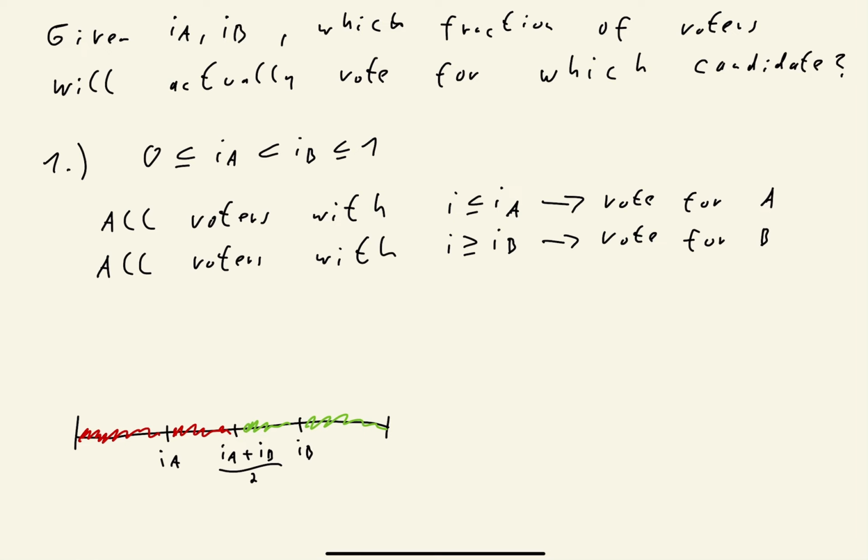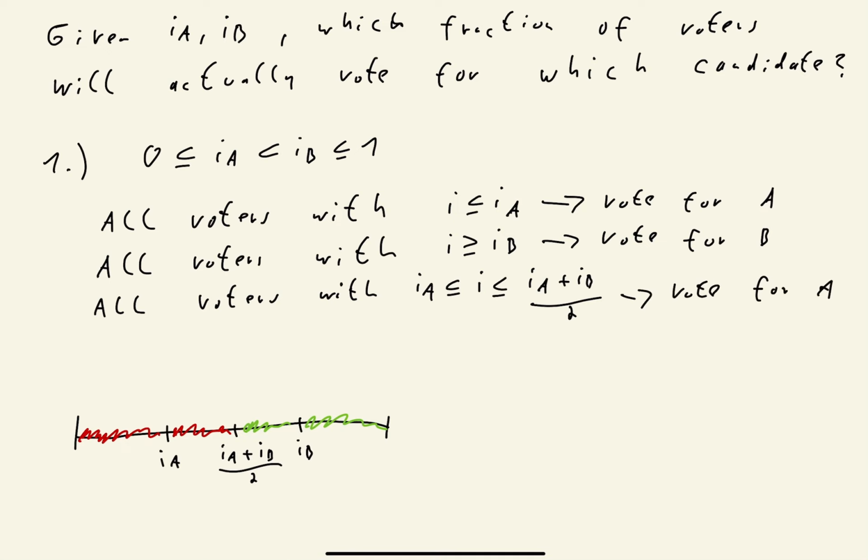So then all voters with I weakly larger than IA and weakly smaller than IA plus IB divided by 2 vote for A. Sorry, there's a mistake here.